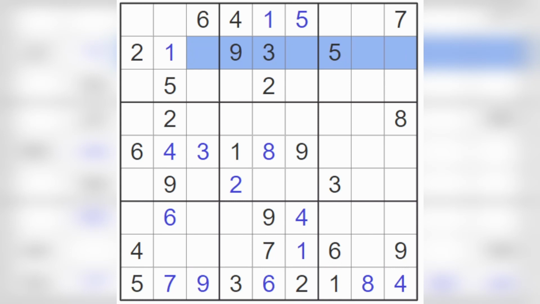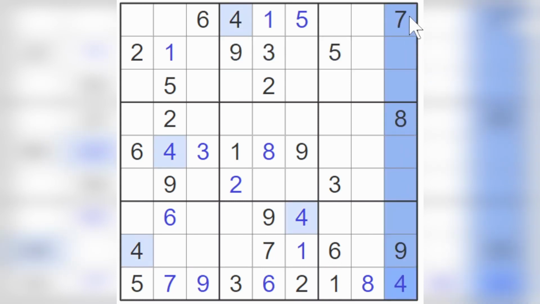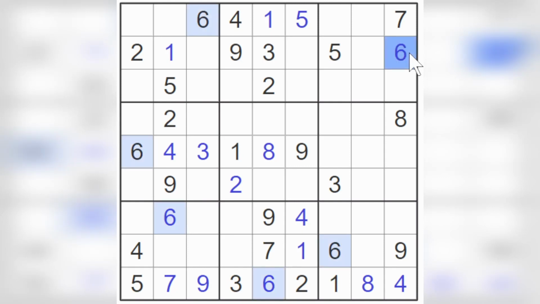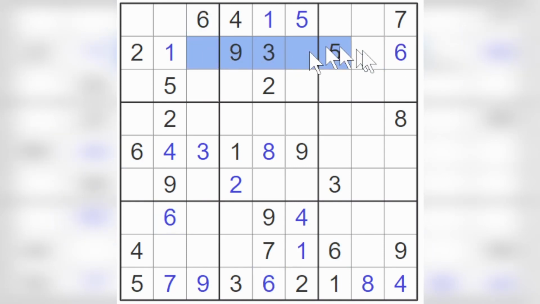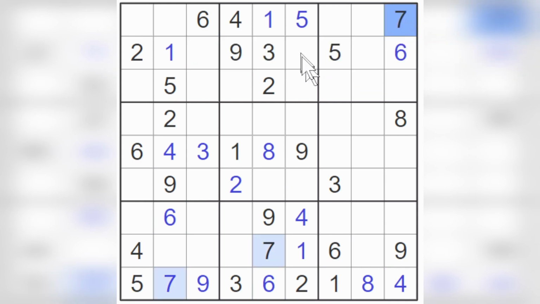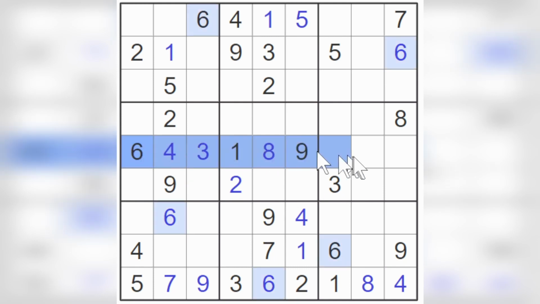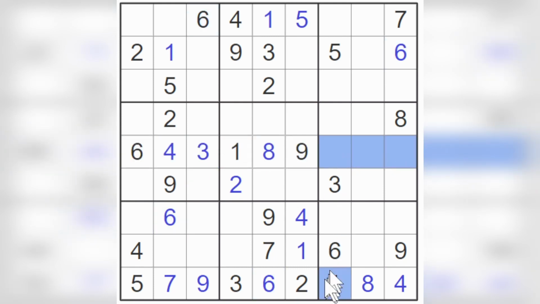4, 6, 7, 8 for these squares. 4, 8, 6 here, so this must be a 6. 4, 7, 8, there's a 7 here, so one of these must be a 7. We did have a 6, 1 blocking over and a 6, 1 blocking up.